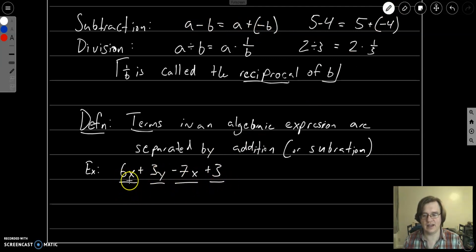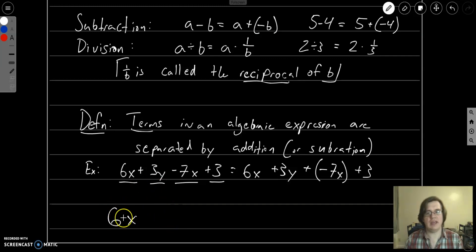We've got an x, 6 plus x, a 6 times x, a 3 times y. If I turn this into addition, we'll see that this term is in fact negative 7x and a 3 at the end. So each one of these is going to be a term.